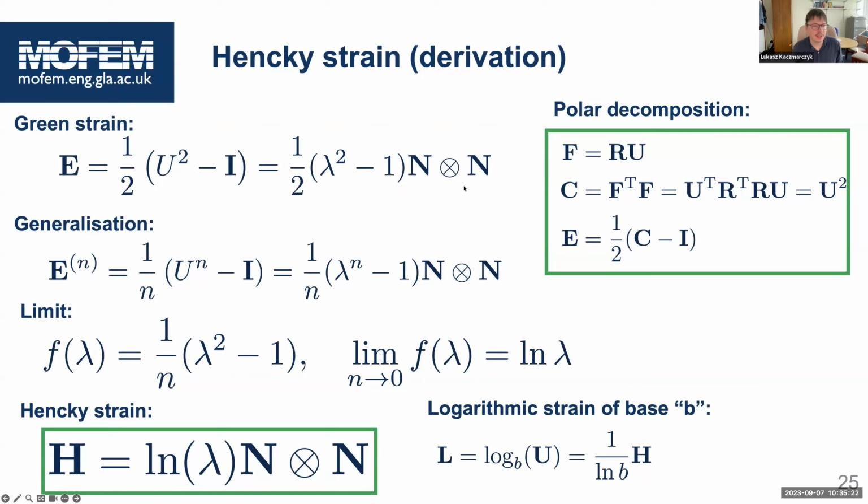But people are creative, because when they see the formula, they say, what if, instead of 2, I put any number? Theoretically, you can put any number over here, and you will get a different family of strains. I will tell you exactly the same thing, because the strain is everything that is not rotation. So that definition of the strain will be valid for the case when you put 1 over 4 over here and 4 over here.